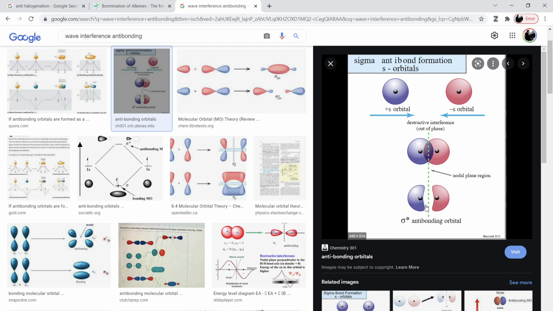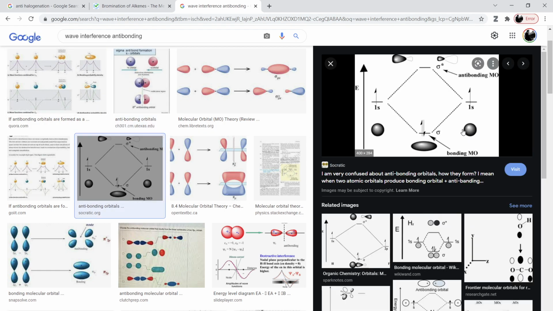And if they can't share their electrons, they're not going to form a bond. When they do form a bond, it's because they're able to constructively interfere. Their waves add together. But when they destructively interfere, we end up getting nodes in between them that we can't cross.